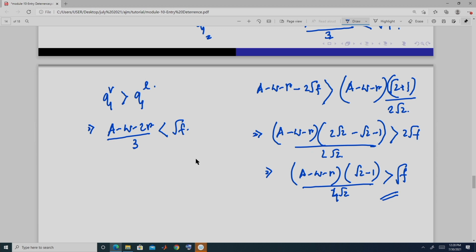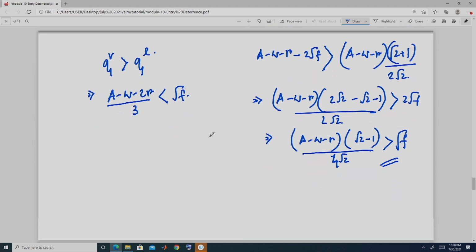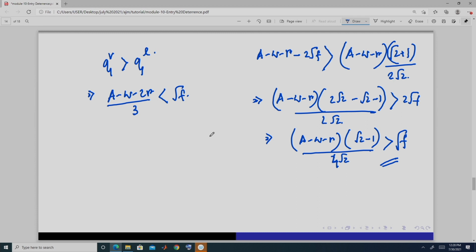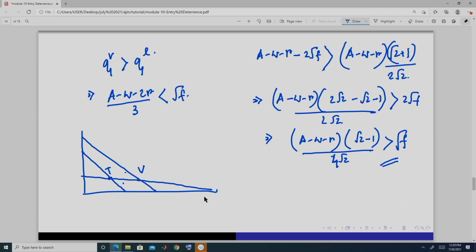If this is greater, suppose if this is true, then what does it mean? So, then this means that this point is T, this point is V, Q1, Q2, this is Qm, which is equal to Qs.